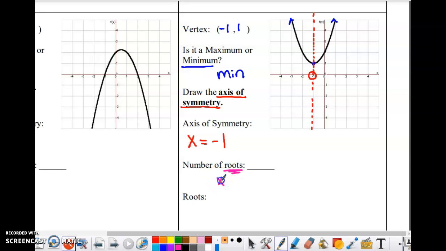How many x-intercepts do you see? How many times does it cross or touch this line right here, the x-axis? 0. So if there's no roots, then you don't have to put anything here. There are no roots, none.